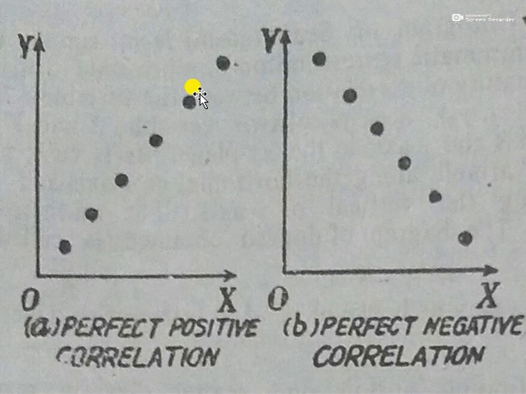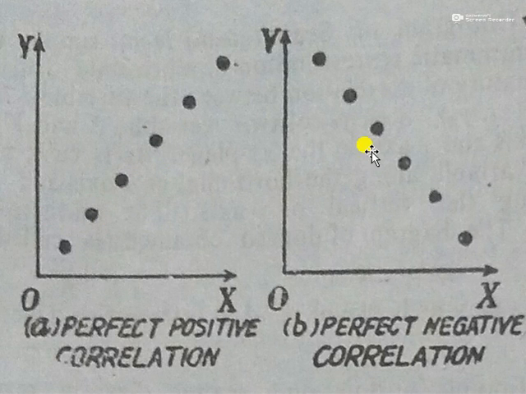Then what about the degree of relationship? Here all the dots are lying as points on a straight line. This means the correlation is perfect correlation. So we may interpret that this scatter diagram shows a perfect positive correlation between variables.